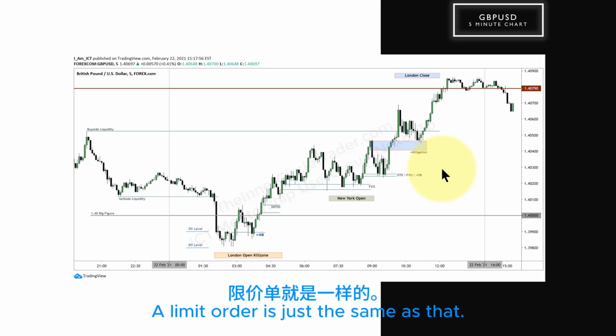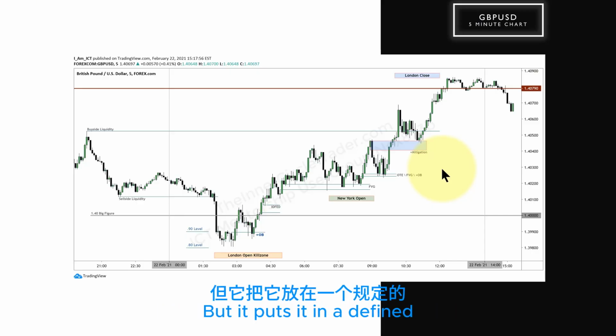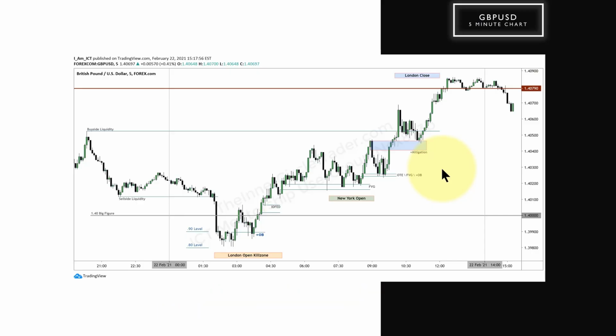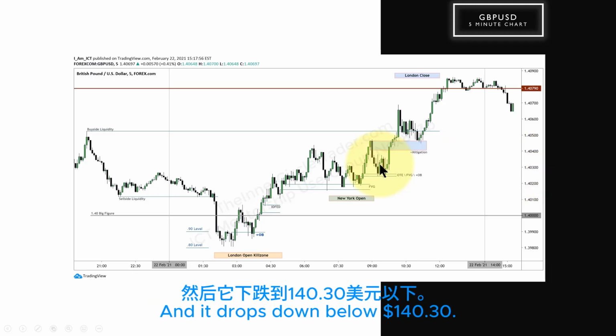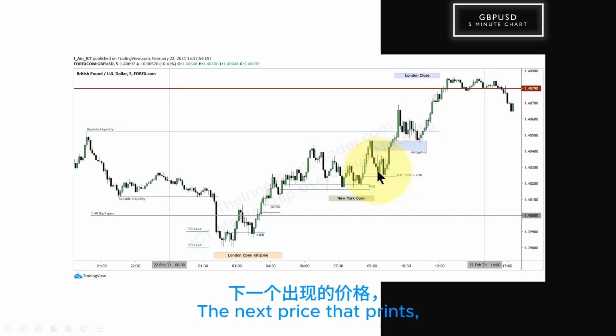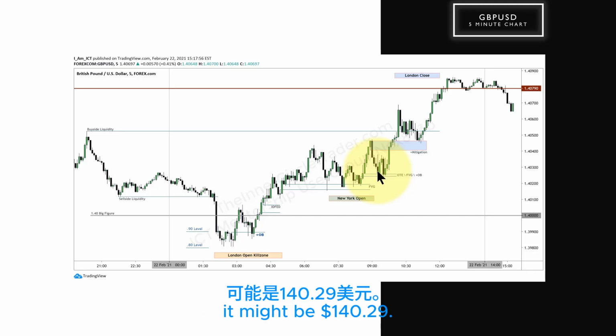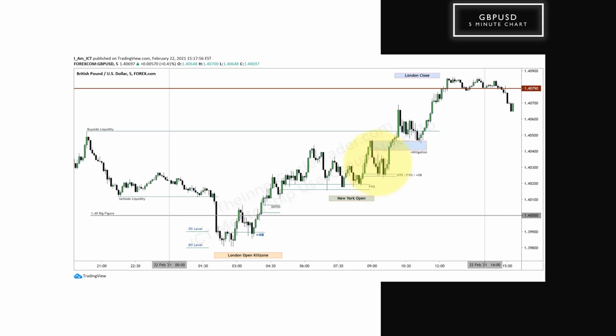A limit order is just the same as that, but it puts it in a defined range where it says, okay, I want to buy, like for instance, say we want to be buyers at 140.30, and it drops down below 140.30. Okay, the next price that prints might be 140.29. You see it on your screen, but then it fills you at 140.30.